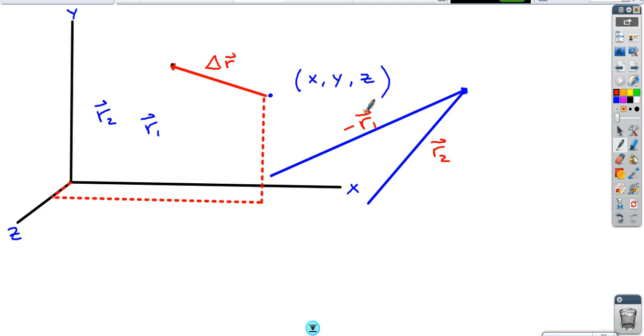So what is r2 minus r1? Well, if we look at this vector, you'll see that it gets us the resultant. So delta r is in fact r2 minus r1 in vector notation. So that's the proof to show you that.